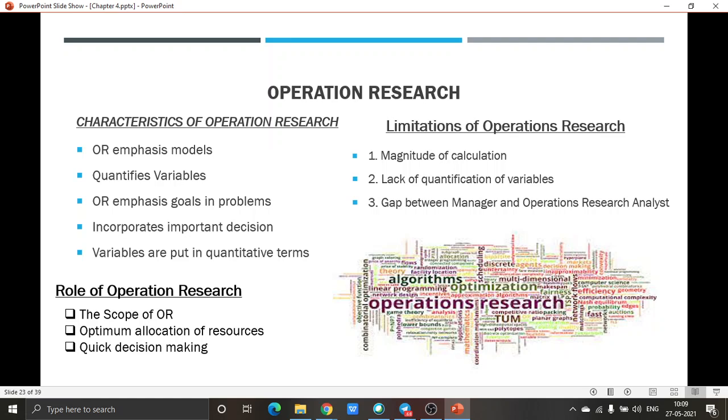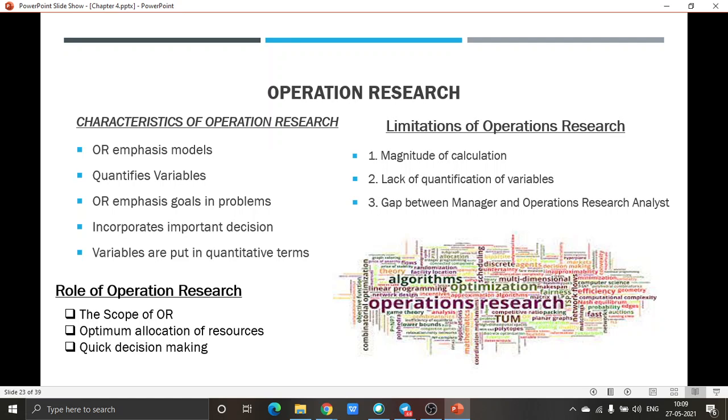A manager may not have good knowledge of OR techniques. Similarly, an operational research analyst may not be aware of the business problem.